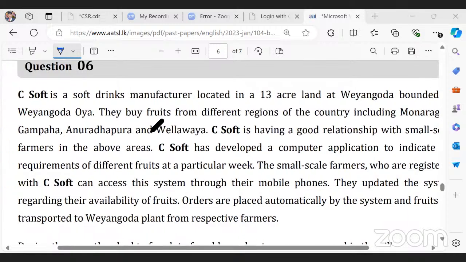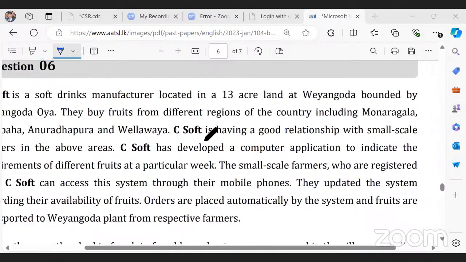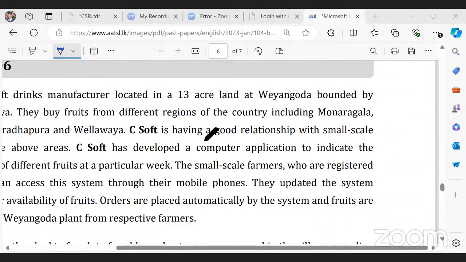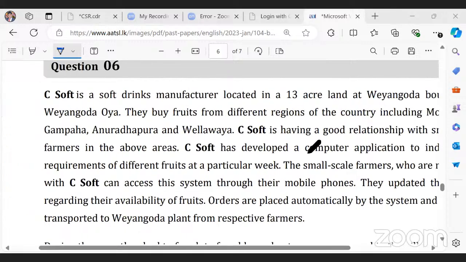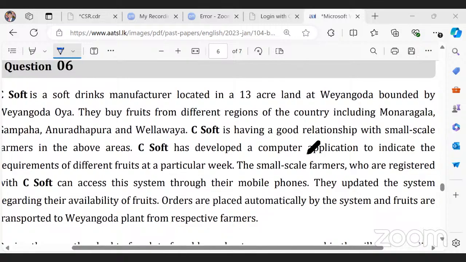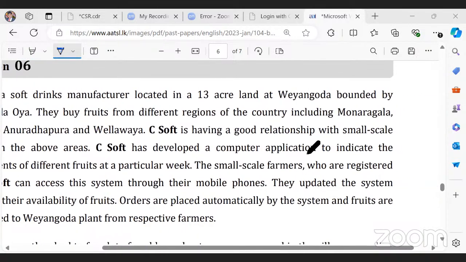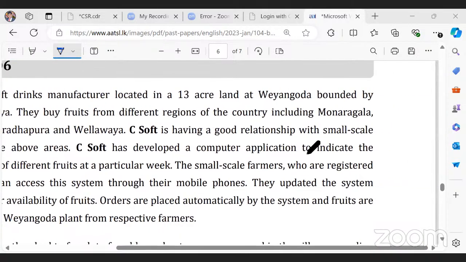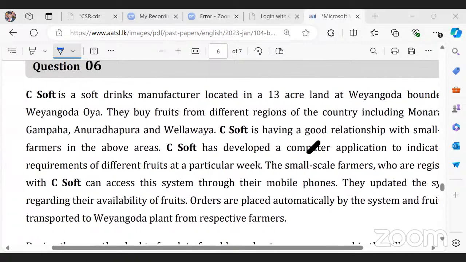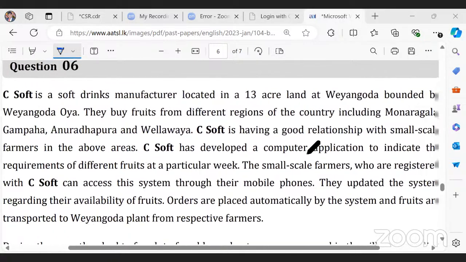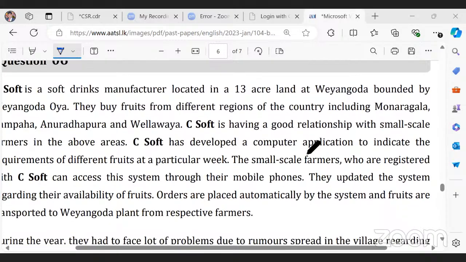Okay. Seasoft is a soft drink manufacturer located on a 13-acre land at Veyangoda, bounded by Veyangoda Oya. They buy fruits from different regions of the country, including Monaragala, Gampaha, Anuradhapura, and Vellavaya.